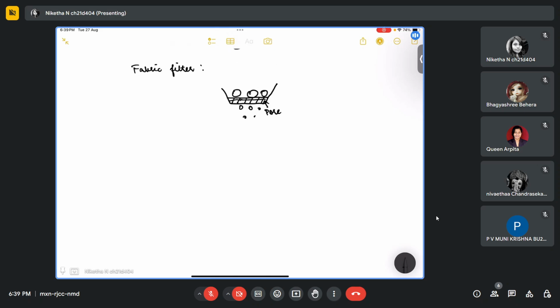So when it comes to air particles, since particulate matter is just a suspension of solids in air, solids and gases, we can have a filter to separate the particles in air also. This is done with the help of a fabric filter. A fabric filter will look something like this.